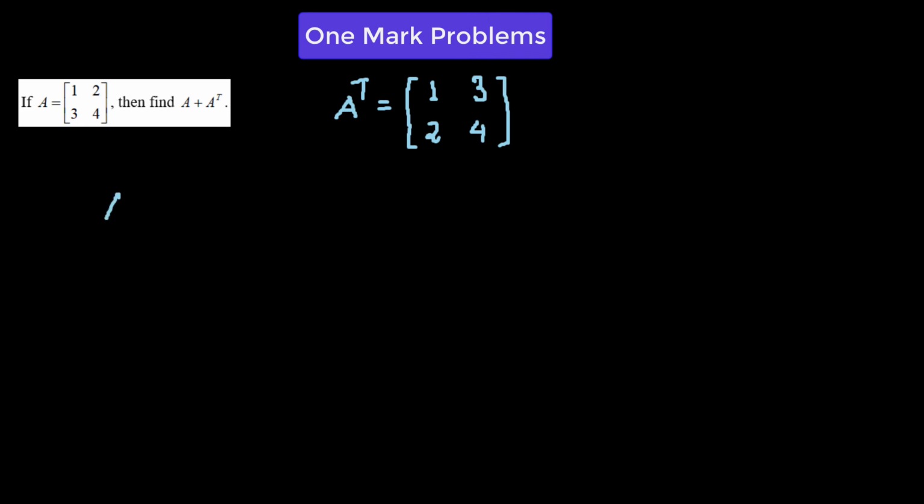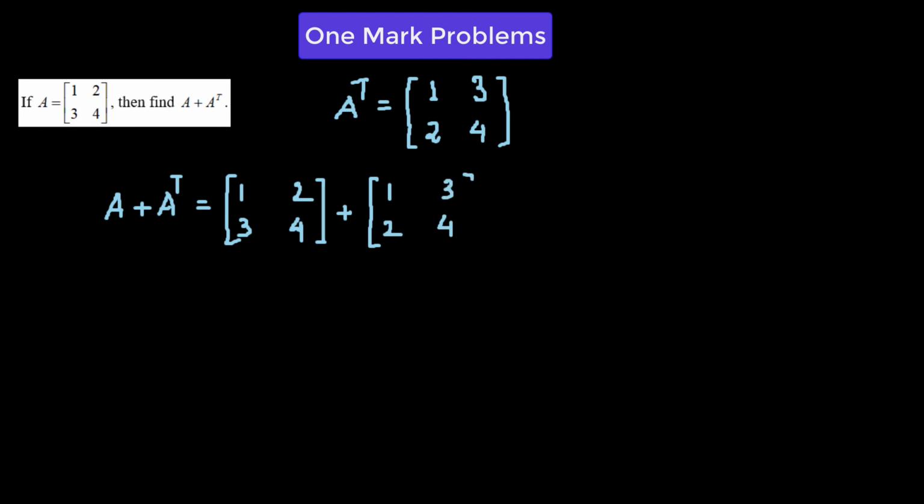Now we're going to add A transpose to A. So that should give us 1, 2, 3, 4. This is added to the matrix A transpose, which is 1, 3, 2, 4.